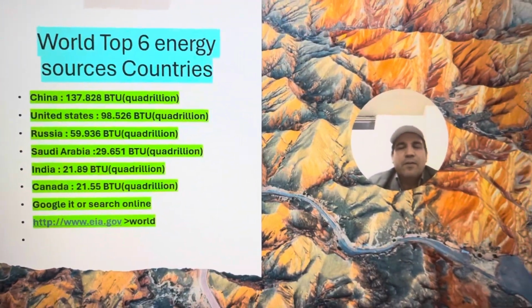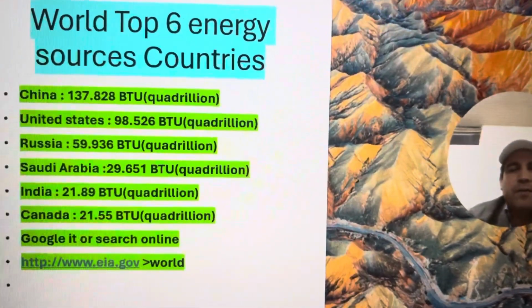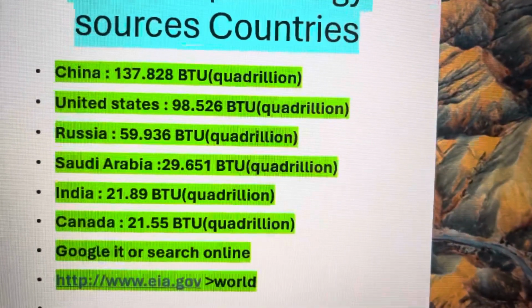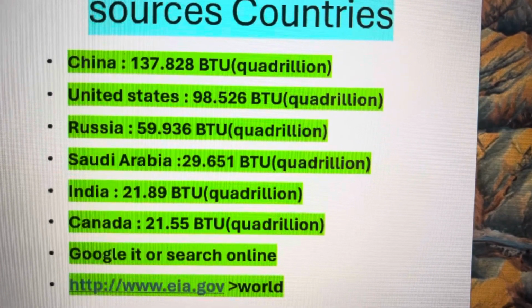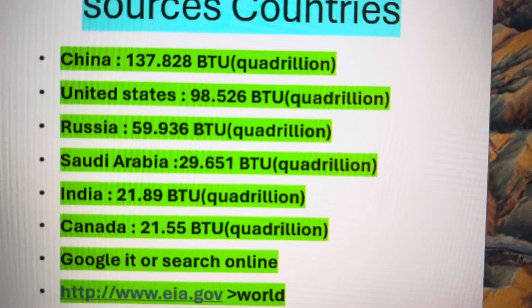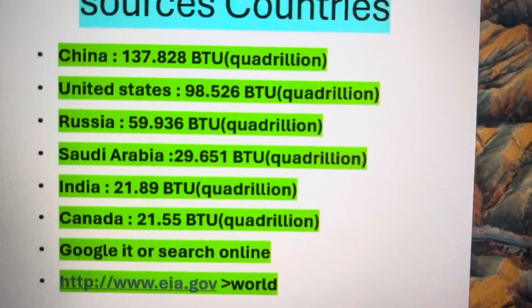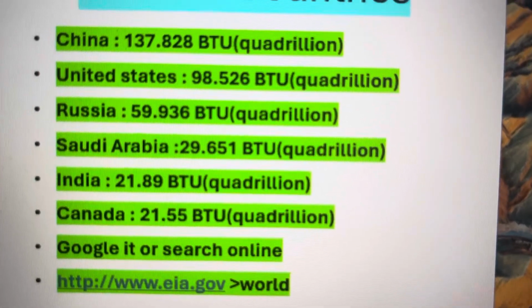First of all, the world's top six energy producing countries are: the top one is China, at 137.828 quadrillion British thermal units, which is the electricity or heat unit. The second one is the United States.